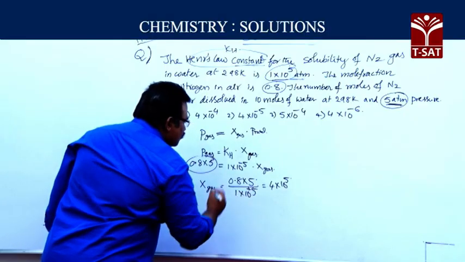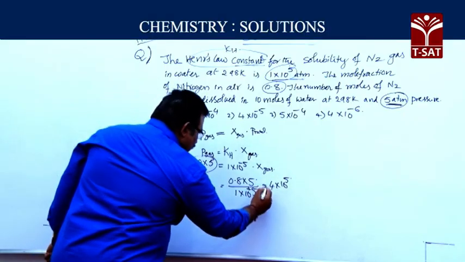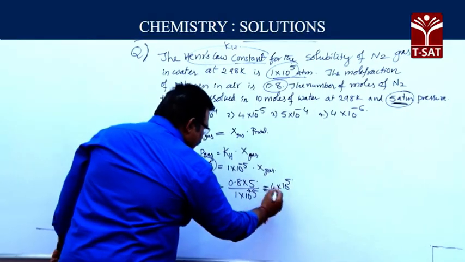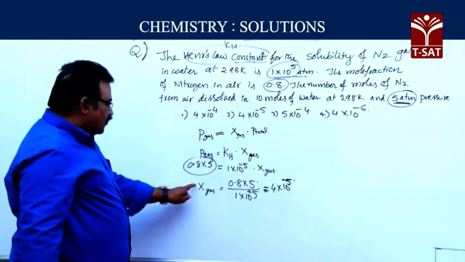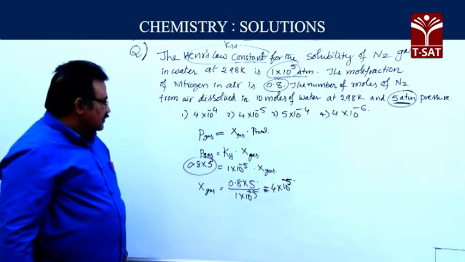So, here also 1 into 10 power 5. This gives 4 into 10 power minus 5. Mole fraction has no units.